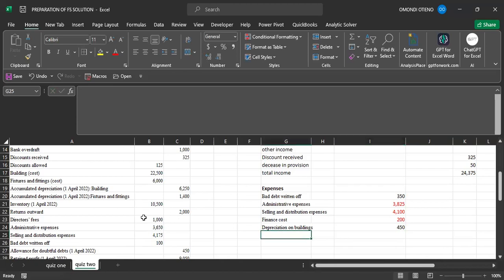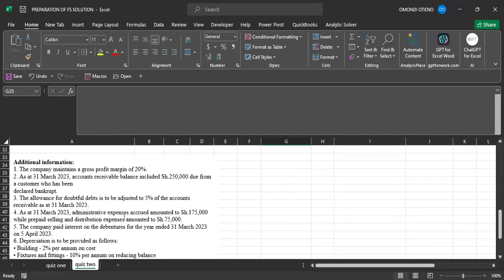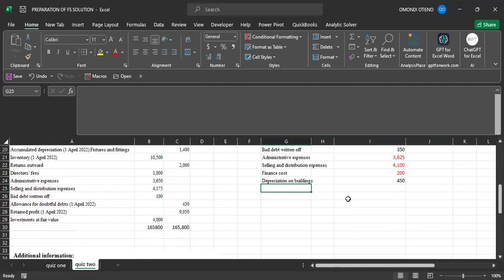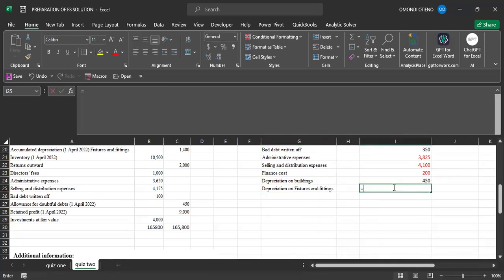Then we also have depreciation on fixed, is it 2%? Yes. Depreciation on fixtures and fittings is 10% per annum on reducing balance basis. So depreciation on fixtures and fittings is equivalent to 10% on reducing balance method. So it means it is 10% of net book value.